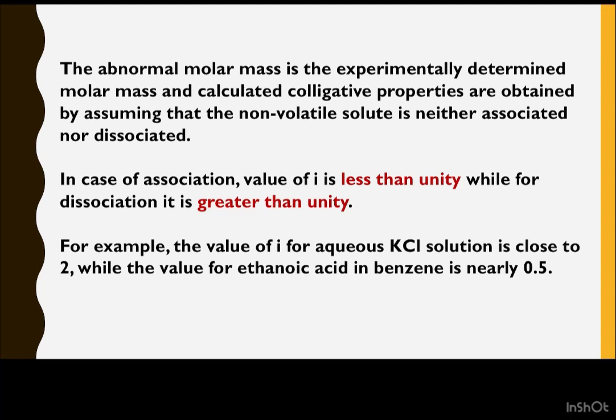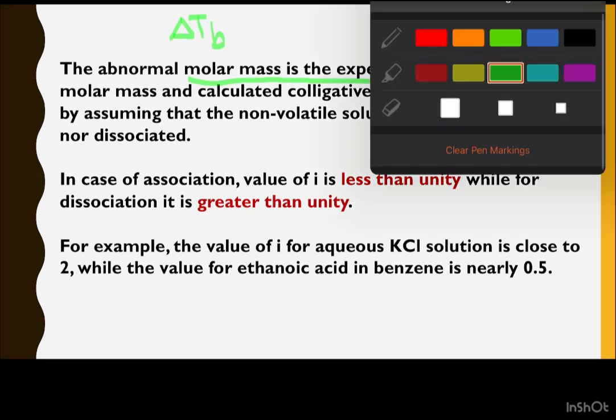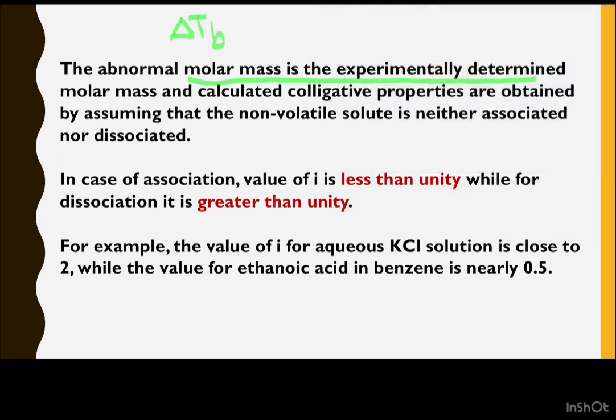The abnormal molar mass is the experimentally determined molar mass. Experimentally, we measure that for a particular quantity of solute, put it in a limited quantity of solvent to make a solution, and then find the change in boiling point, delta Tb. Using that, if I calculate the mass and association or dissociation is taking place, then the value will be the abnormal molar mass. So this is experimentally found.